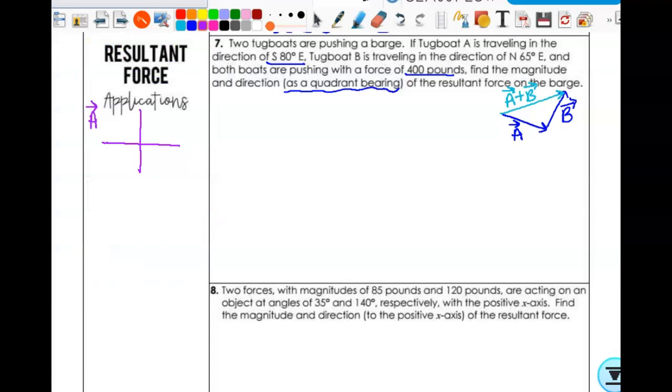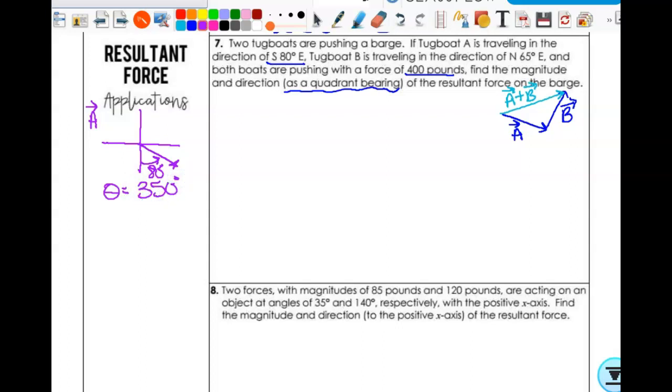So for vector A, or tugboat A, it's traveling in the direction of south 80 degrees east. So south 80 degrees east. This is 80 degrees, right? So then I need theta. What would theta be? 270 plus 80, so 350 degrees.